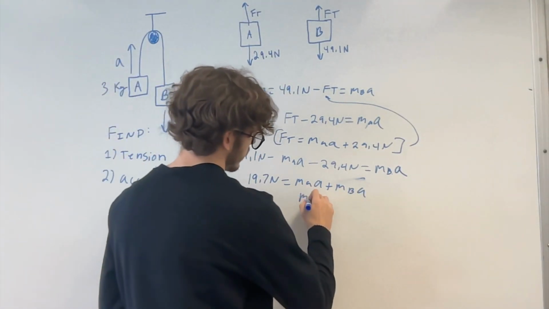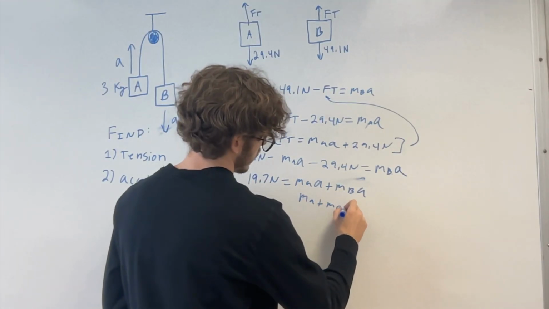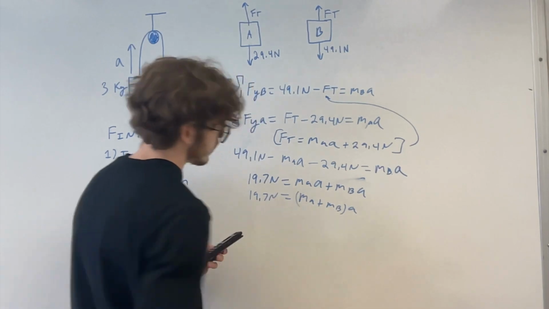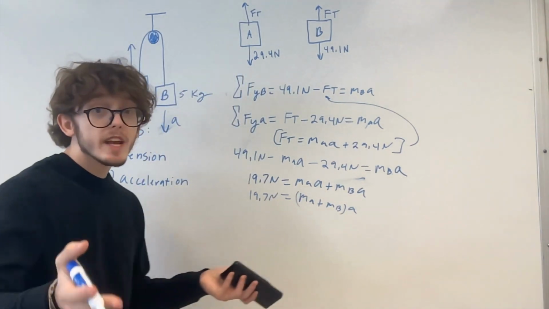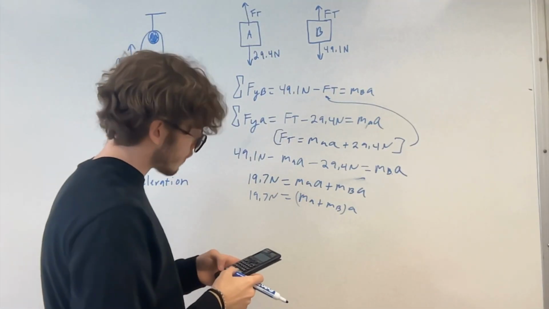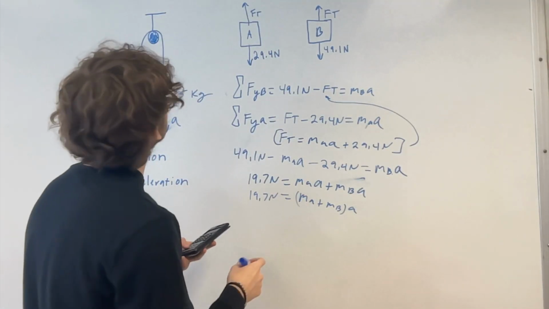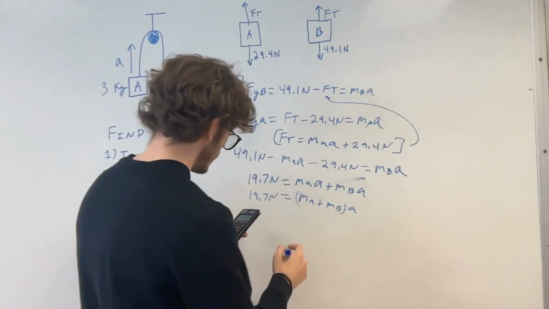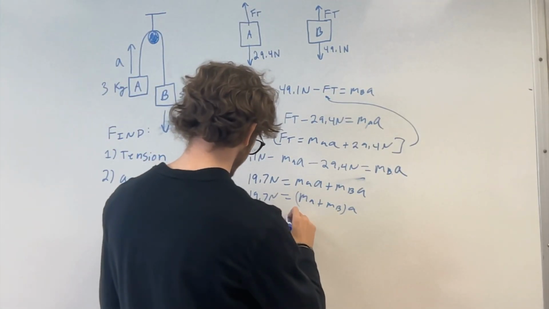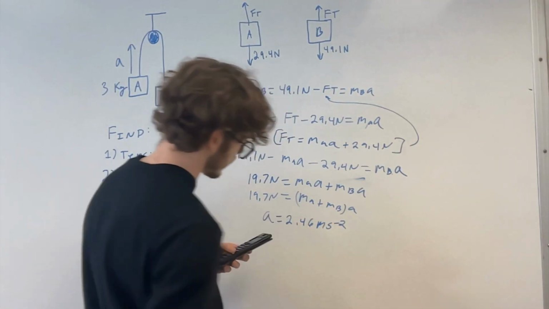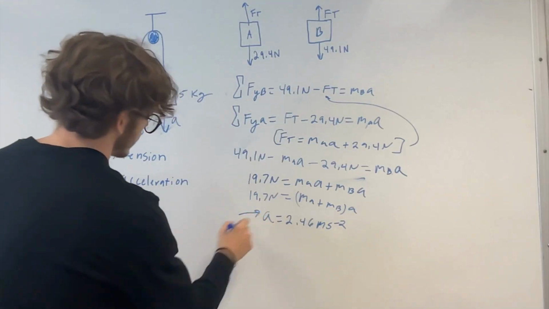Let's factor out the acceleration, 19.7 newtons, and let's divide it out. Same exact concept that we've been learning all this time, right? So divided by the mass of the system, which 5 plus 3 is 8. So we get an acceleration of 2.46 meters per second squared. That's the acceleration of the system.